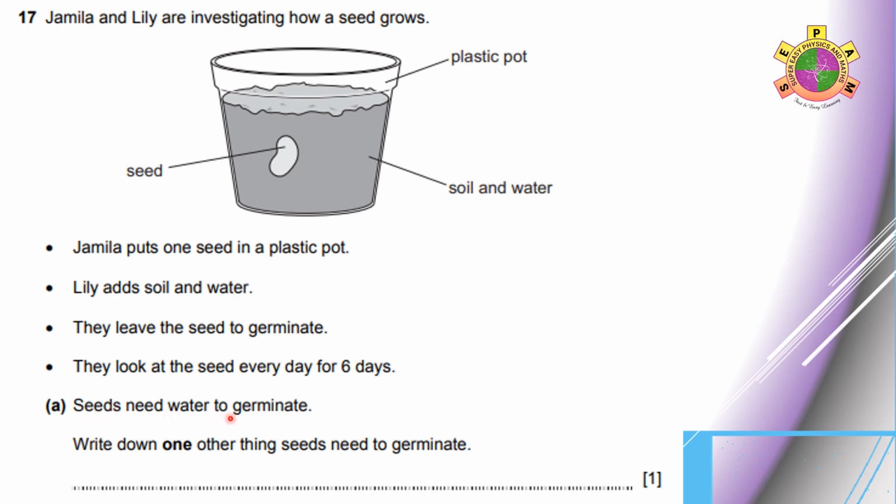Seeds need water to germinate. Write down one other thing needed to germinate. So you need warm, suitable temperature and oxygen. Those are the things needed for seed to germinate.